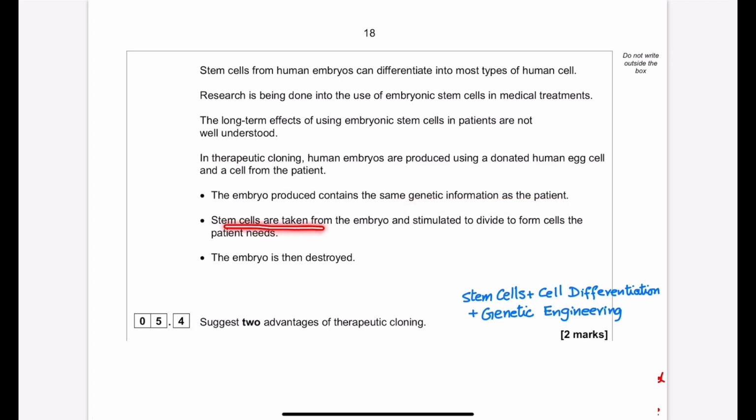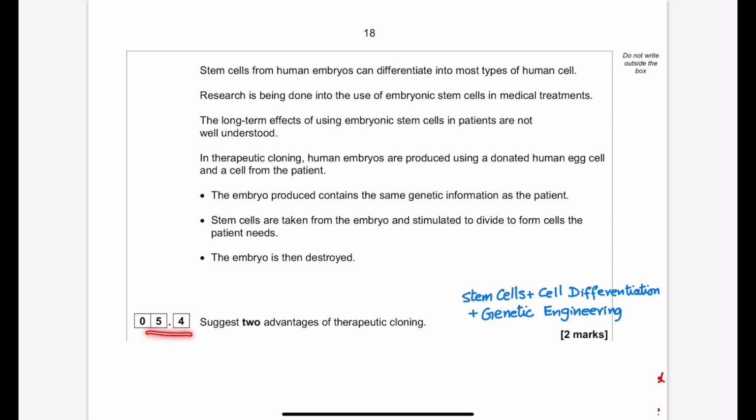Stem cells are taken from the embryo and stimulated to divide to form the cells that the patient needs. The embryo is then destroyed. You have to keep this information in mind when giving the answer. The stem cells are taken from the human embryos and used for treatment, and at the end we destroy an embryo.